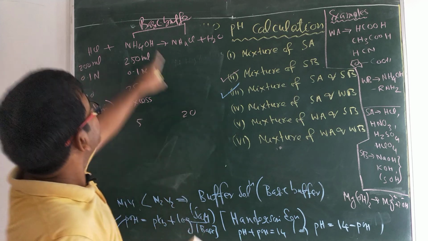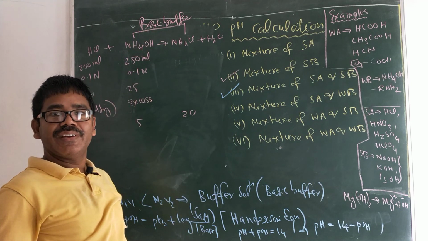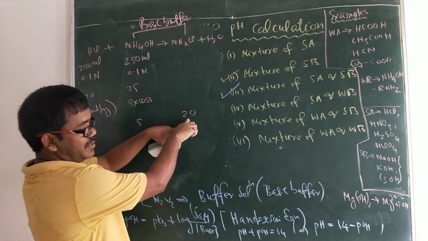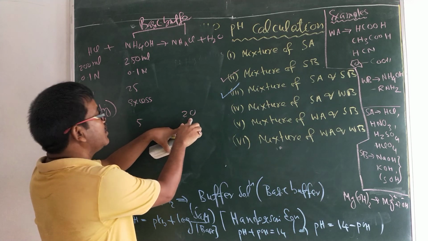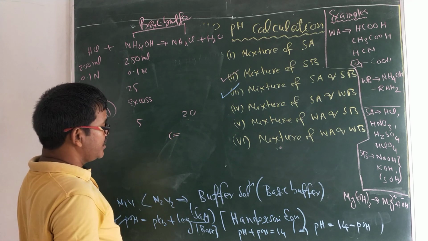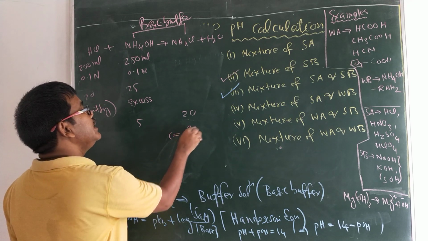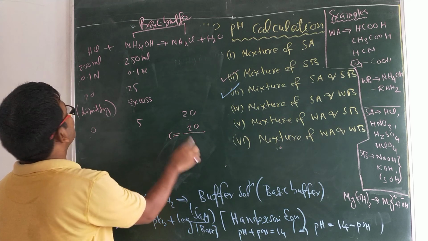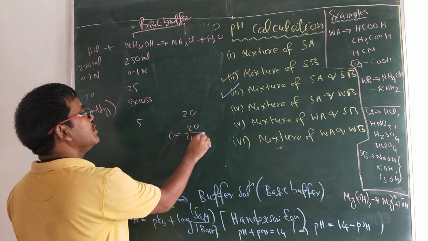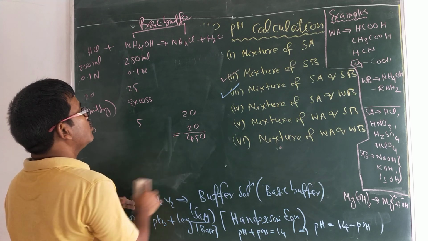In this case, it is forming a basic buffer. Therefore, this is the milliequivalent of the salt. The concentration C of the salt will be milliequivalent by total volume. What is the total volume? 200 plus 250, that is 450. That is your salt concentration.